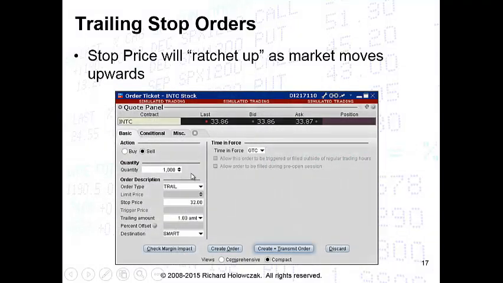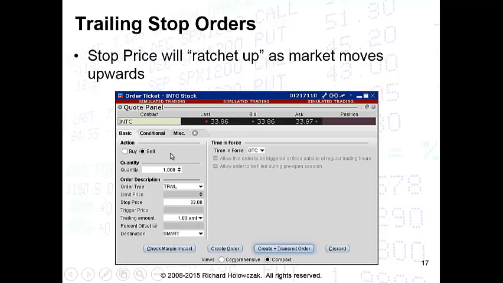So here's again our brokerage with our sell order for 1,000 shares, and the order type here is called trail. The stop price, which is like an initial stop price, is $32, and our trailing amount we can put in as maybe $1. There's also an alternative here. Instead of putting in a whole dollar amount, we could put in a percentage amount, for example.